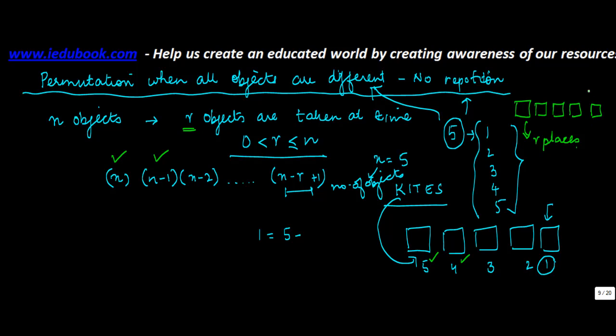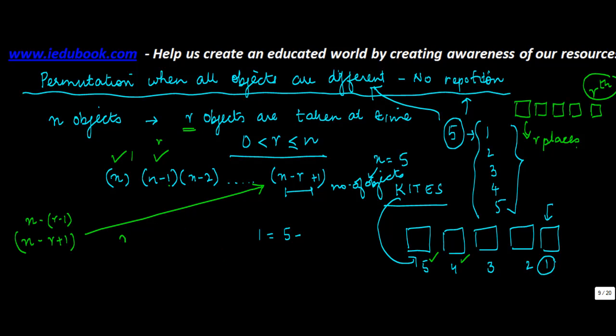So if there are R places in all, this is the rth place. The first one was N, second was N minus 1. So if this is the first place, what we subtract from N is 0. If this is the second place, what we subtract is 1. So if this is the rth place, what we will subtract from N is R minus 1. If you open the bracket, you get N minus R plus 1, which is what we have put in here.